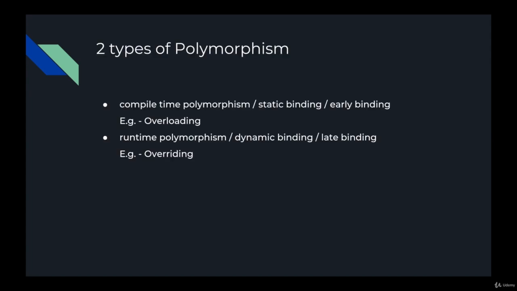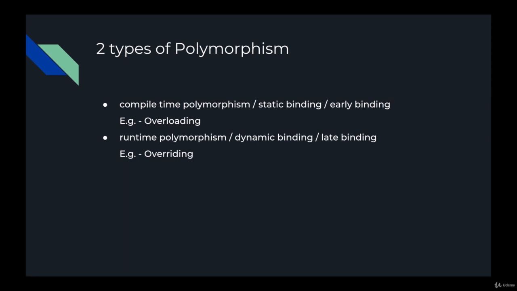There are two types of polymorphism. One is compile time or static binding or early binding, and another one is runtime polymorphism or dynamic binding or late binding. An example of compile time polymorphism is overloading.